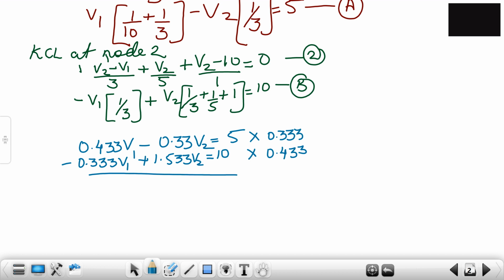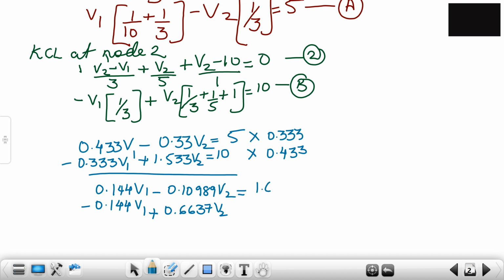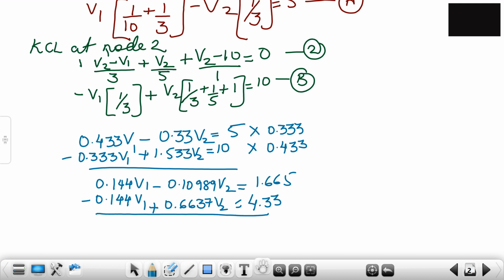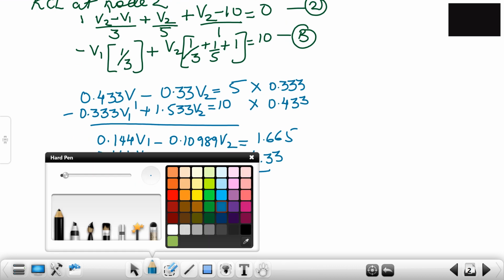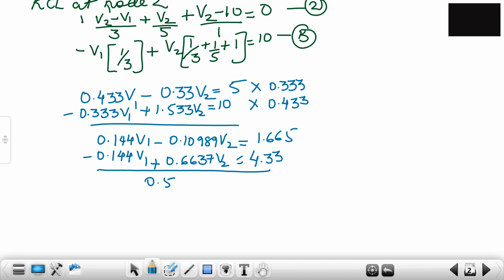You end up getting 0.5539 V2 is equal to 5.995.